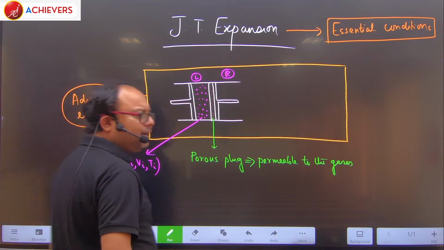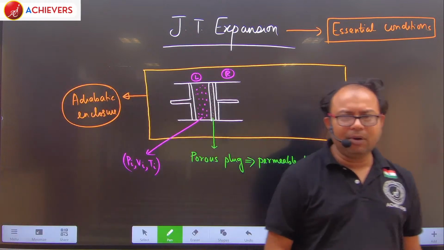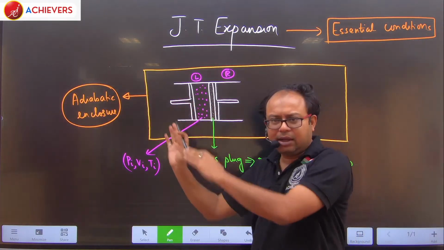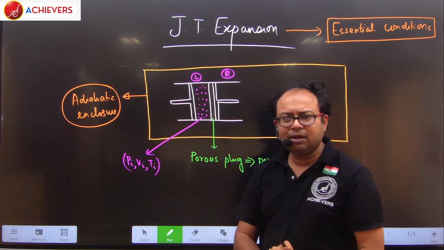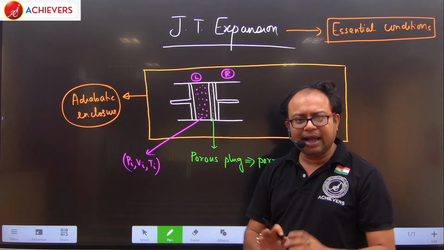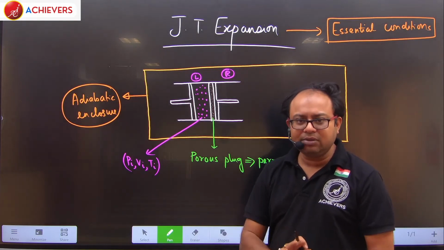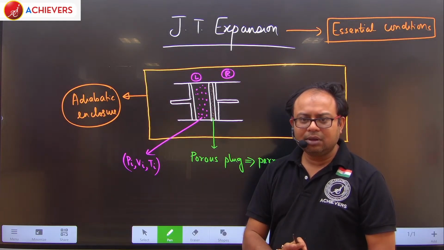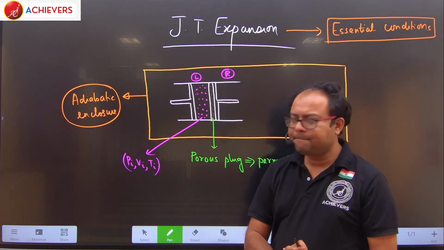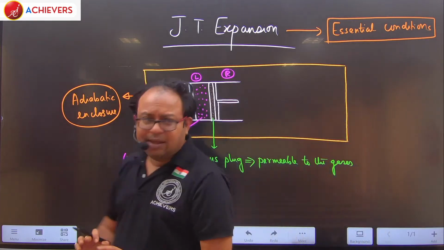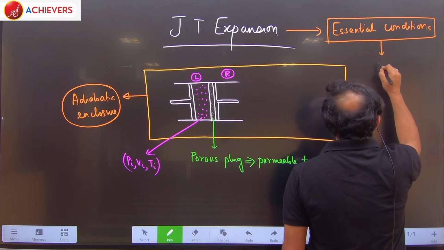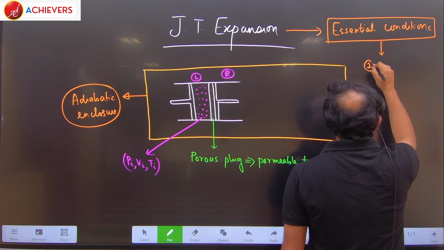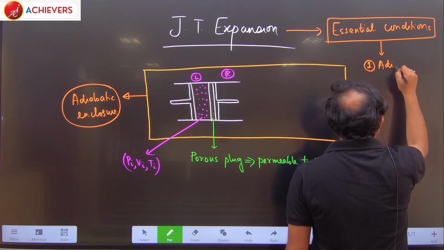This adiabatic enclosure denies any heat flow through these walls. Okay? And so this is the first condition: adiabatic enclosure.